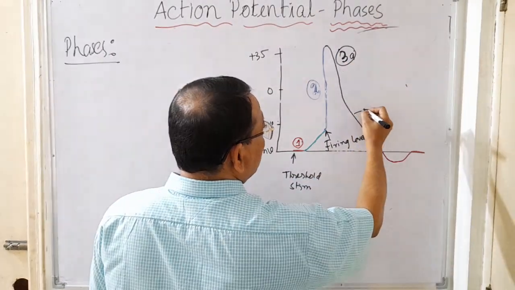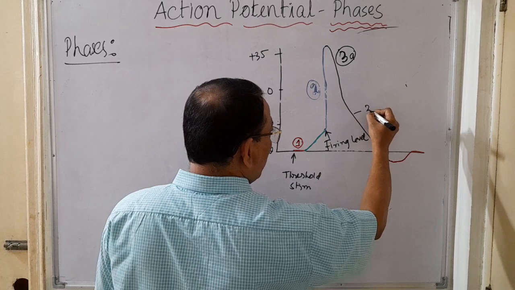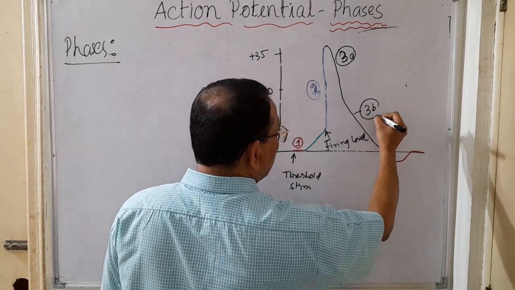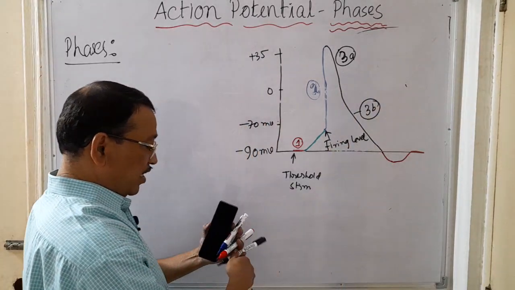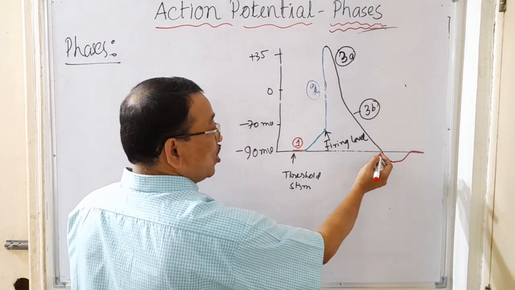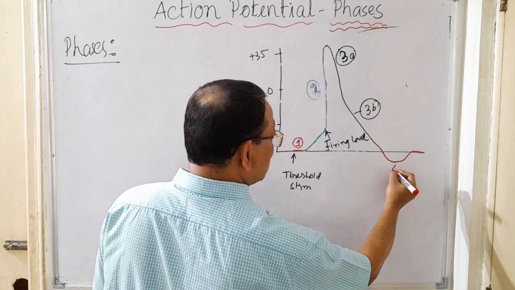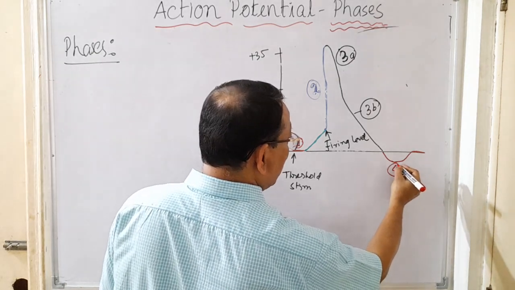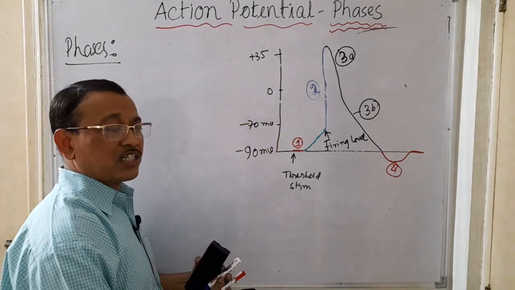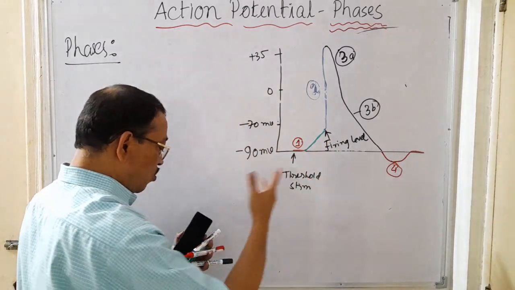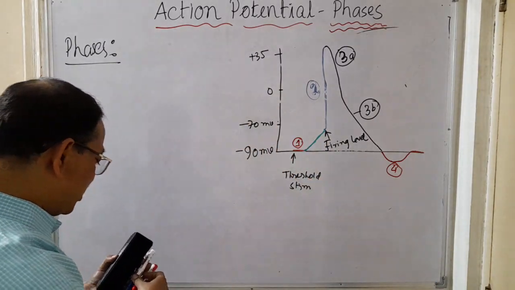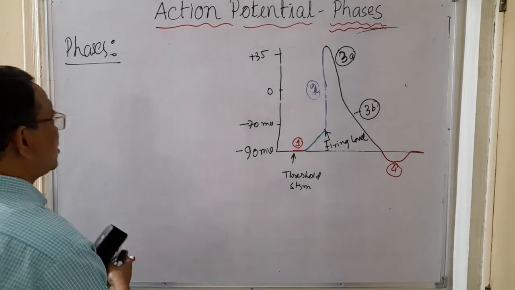The second one is comparatively slow, which is known as 3B. And finally, the potential goes beyond the resting membrane potential value, and this is the fourth phase of the action potential.